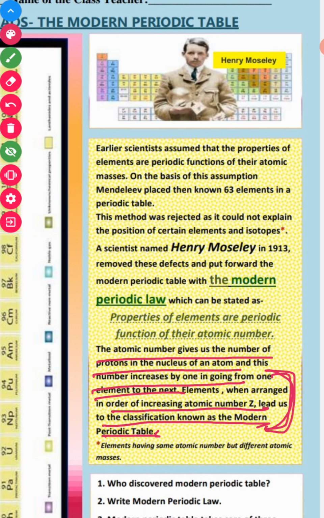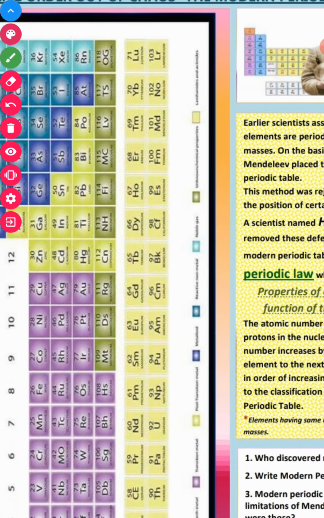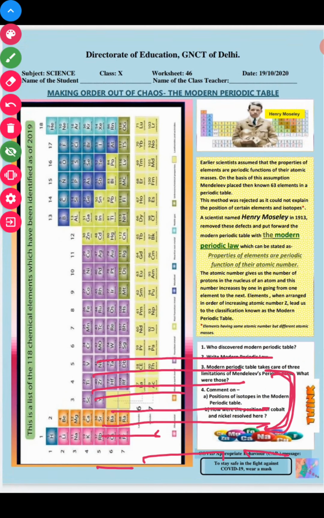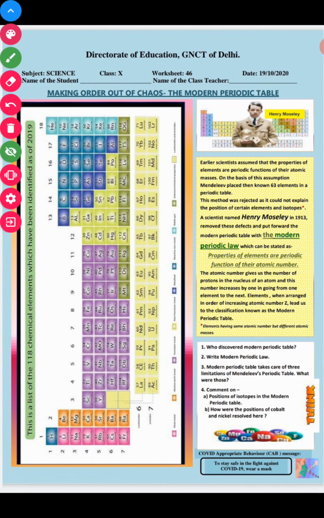And in the modern periodic table, the problem of elements having the same atomic number but different atomic mass, called isotopes, has been resolved. This is the modern periodic table, in which we have 18 groups, 1, 2, 3, 4, 5, 6, up to 18.